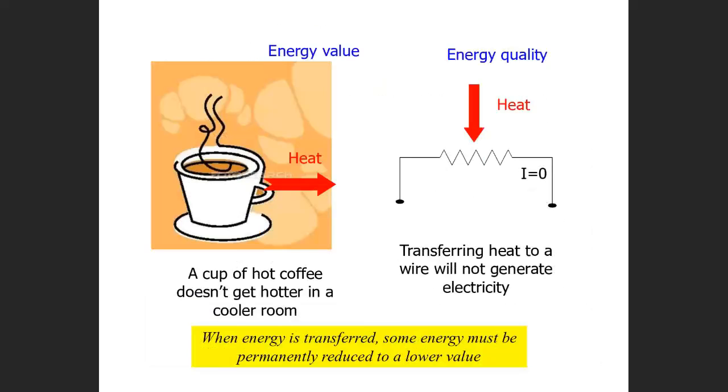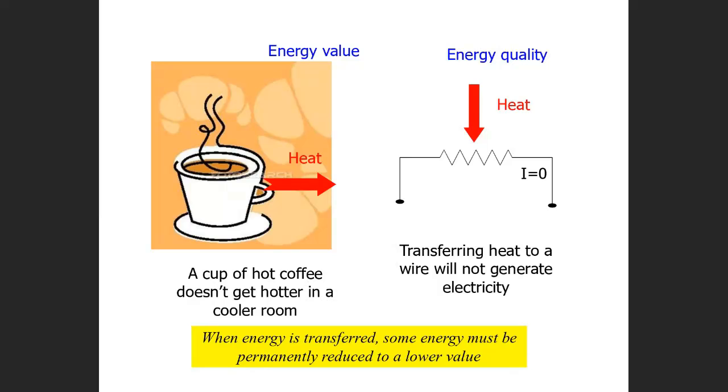In nature, electricity can generate heat easily, and heat is always transferred from the hot object to the low temperature object.